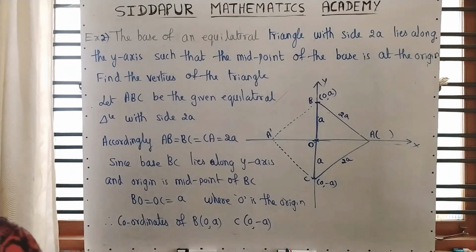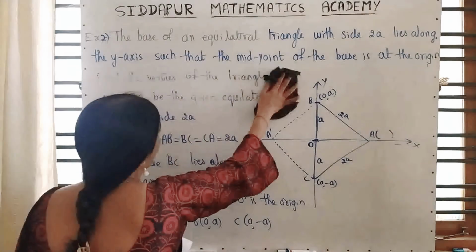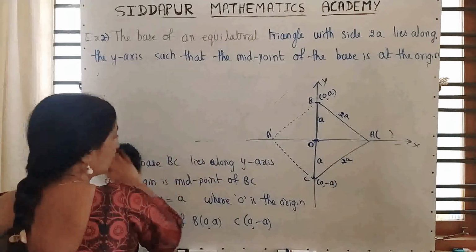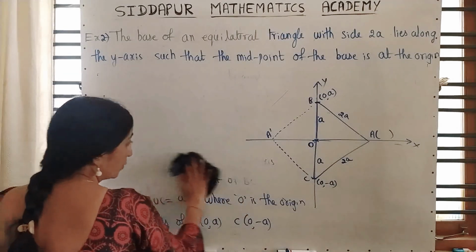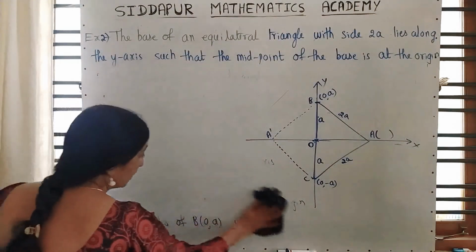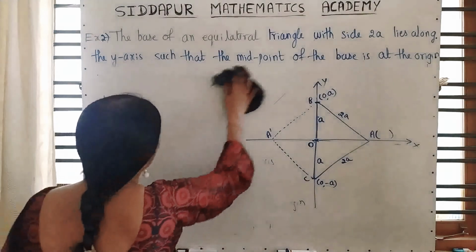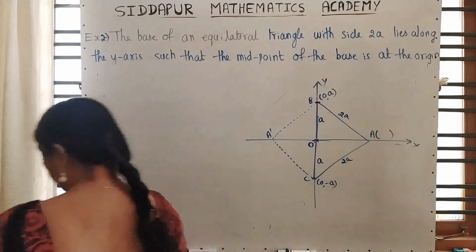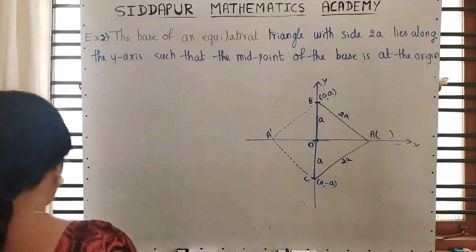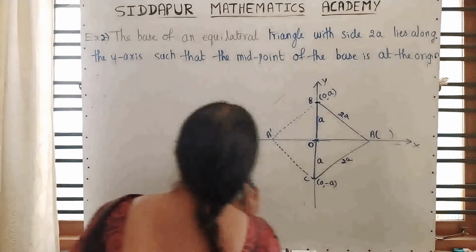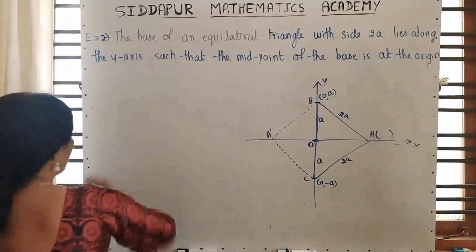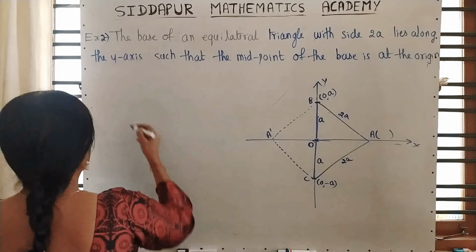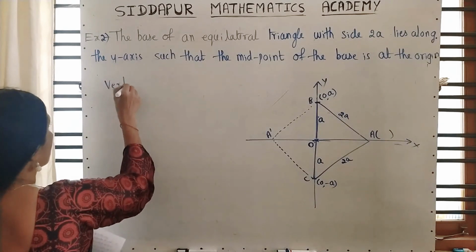Next. If the base is on y-axis and origin is the midpoint, it is understood that the third vertex A lies on x-axis. I explain the concept.